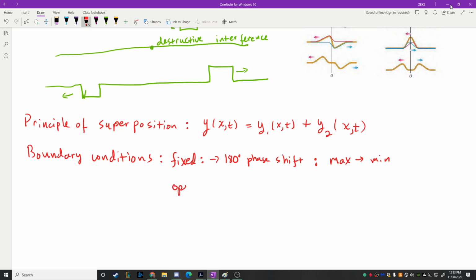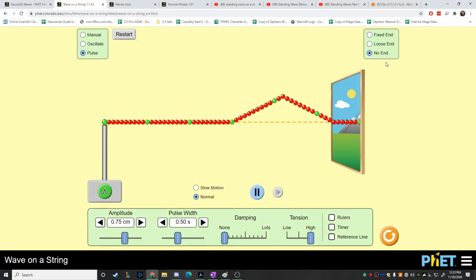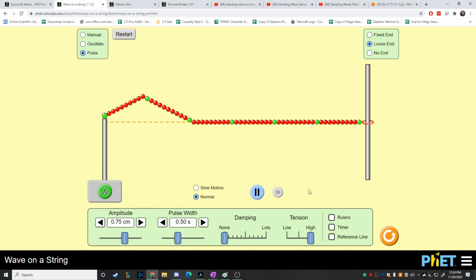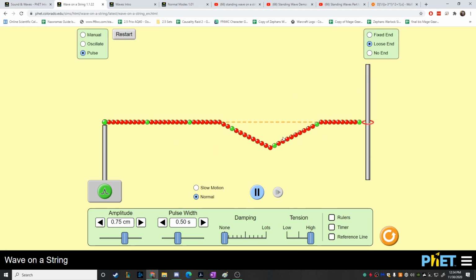If it's open on the end, you no longer have an external force, and so what happens... Well, no end, it doesn't come back, right? If the end is loose, watch what happens now. Is there a phase inversion? Nope. It goes in as a maximum, comes out as a maximum. Goes in as a minimum, comes out as a minimum.